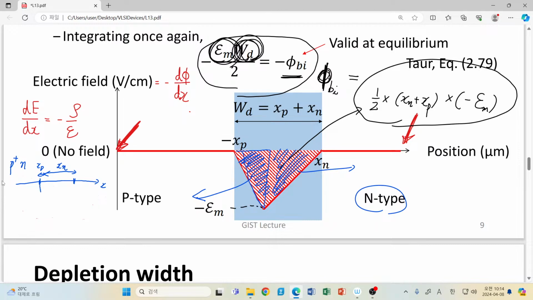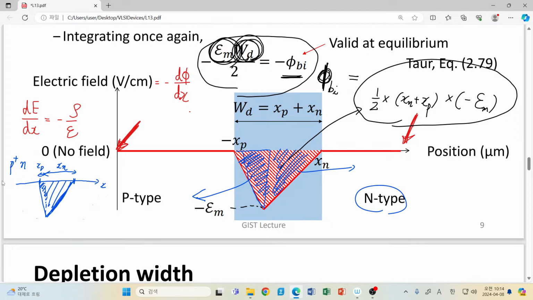When you draw the electric field, that will be the shape of your electric field. The area assigned to your p-type region is much smaller than the area assigned to your n-type region.